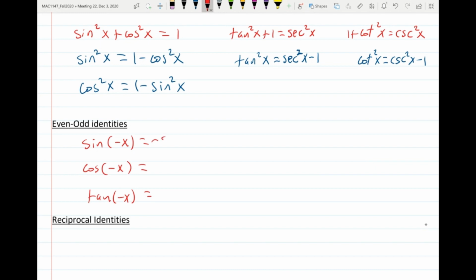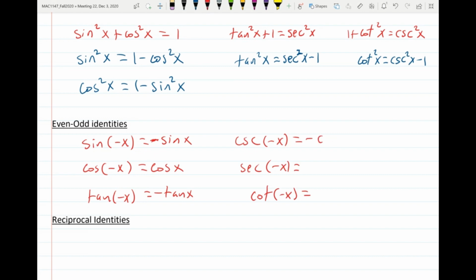So sine is an odd function, so the minus survives. Cosine is even, so the minus is gone. And tangent is odd, so the minus survives. Then because of this, we get for free what happens to cosecant, secant, and cotangent. The cosecant is odd, the secant is even, and the cotangent is odd.